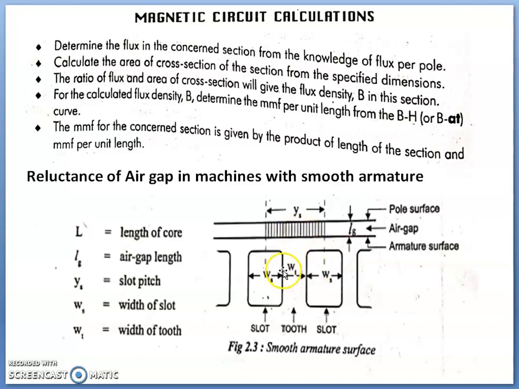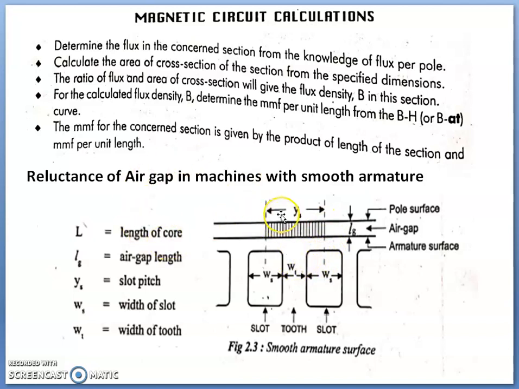In the slot portion, you will have air. So that will be a little difficult, but we will be discussing one by one later. But this example is for a smooth armature surface. And here, how we calculate the reluctance of the air gap is what we are going to discuss.